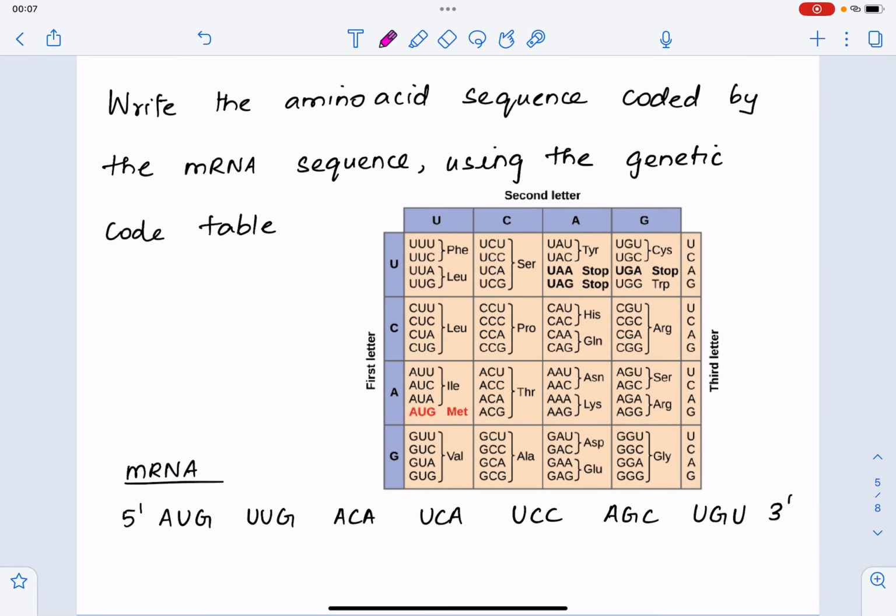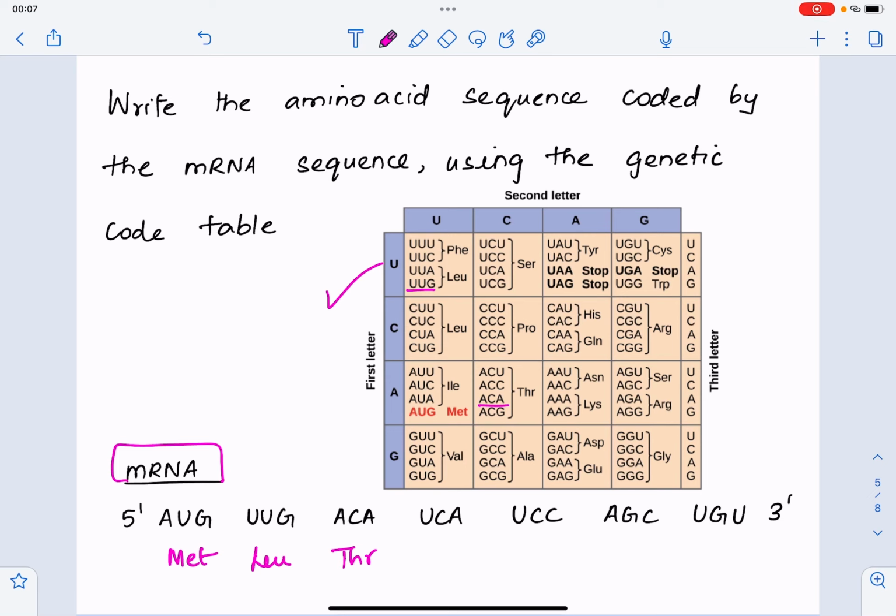Next, write the amino acid sequence coded by the mRNA sequence using the genetic code table. This is the mRNA sequence that we had arrived at. If you decode the amino acid sequence from the genetic code table, what will you get? AUG is methionine. UUG is leucine. ACA is threonine.